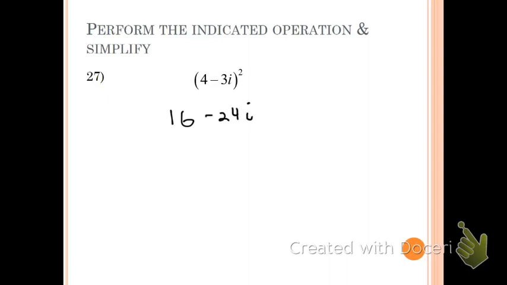And then be careful here. Negative 3i times negative 3i would be positive 9i squared. But i squared is negative 1. So it's negative 9. 16 minus 9 would be 7 minus 24i.